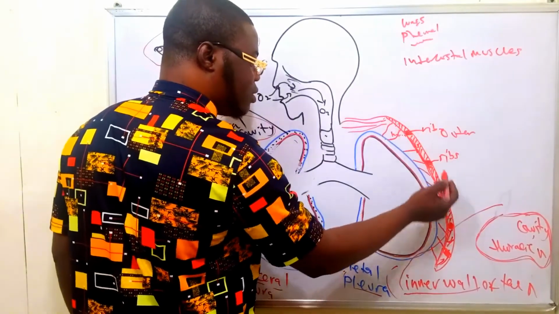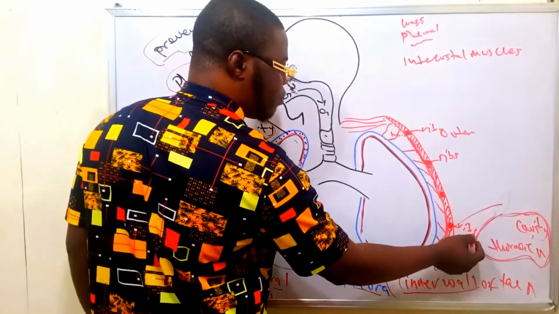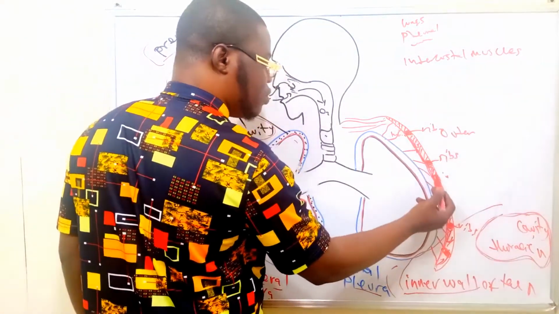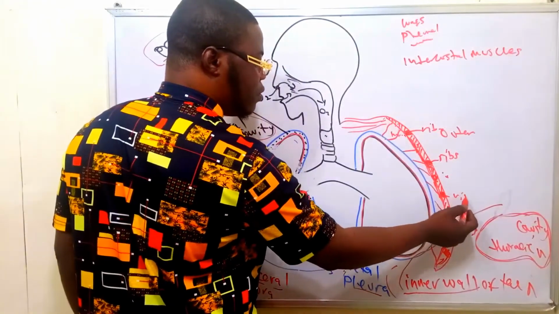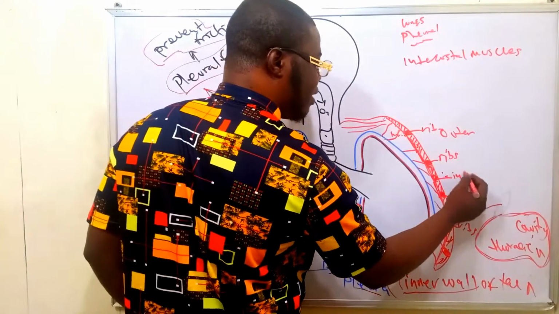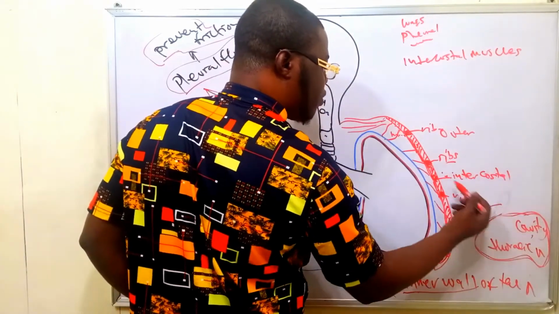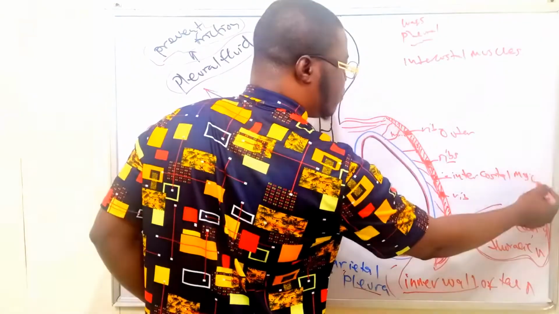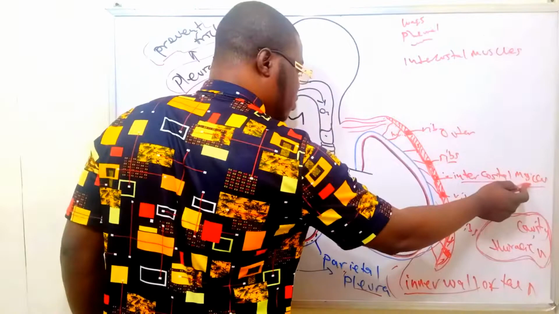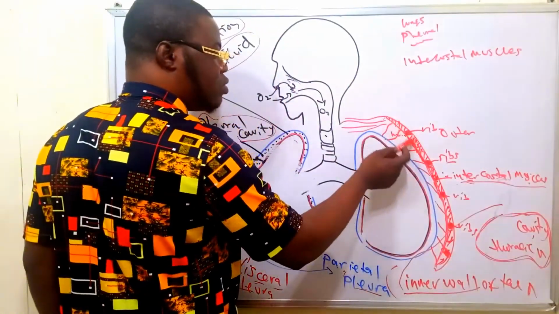The muscle between them, between this rib and this rib, is between, and the word between means inter, and the word rib means costal. So the intercostal muscles are the muscles between the ribs. As simple as that.